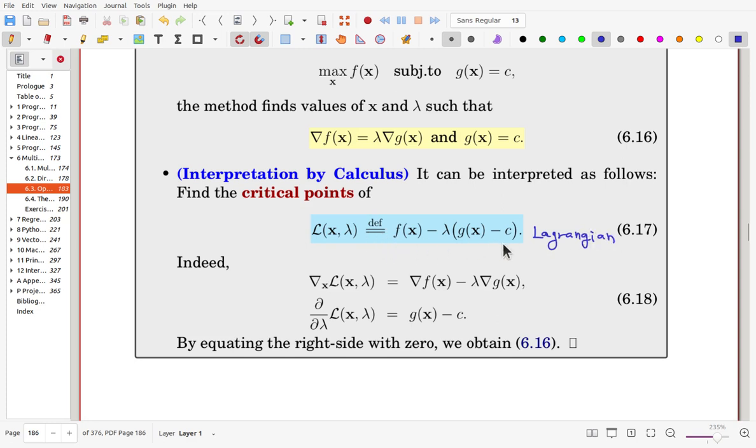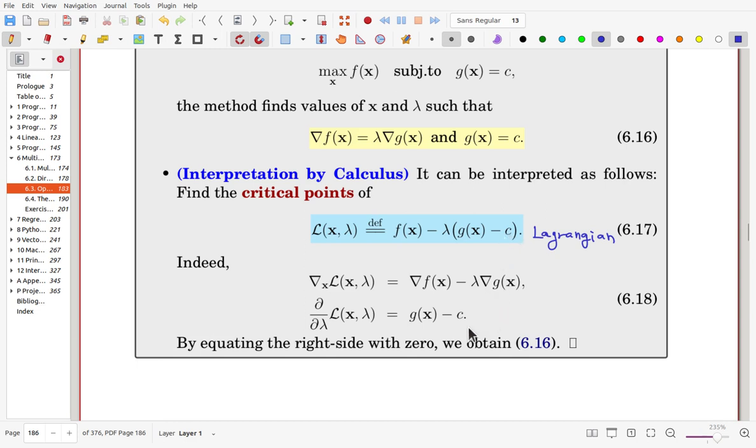So start with the Lagrangian, and we take the derivative. The derivative with respect to x gives gradient of f minus lambda gradient of g, and this is a constant, so it will disappear. And if we take the derivative with respect to lambda, then this will remain.